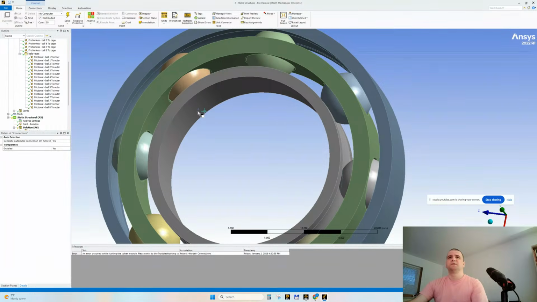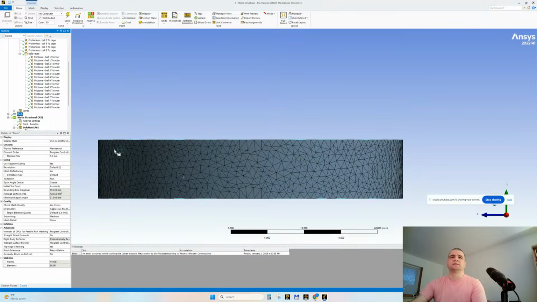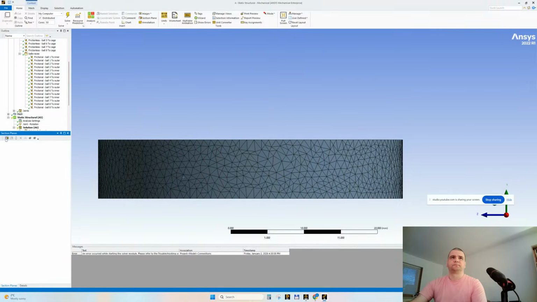We remember there was some gap. Yes. And we can overlap that gap. You know what? Let's make like a section view. Something like this, okay?